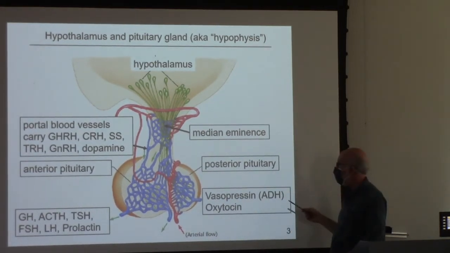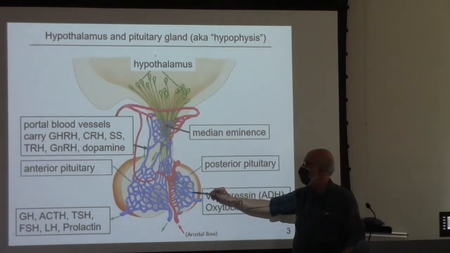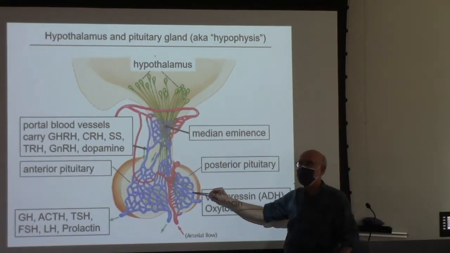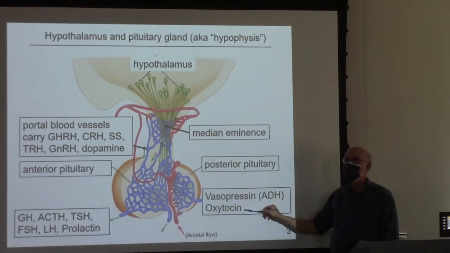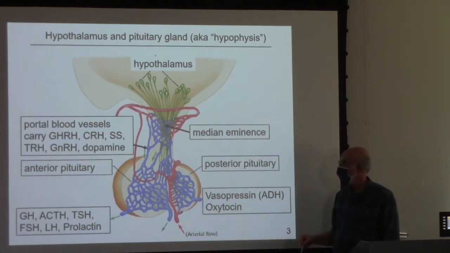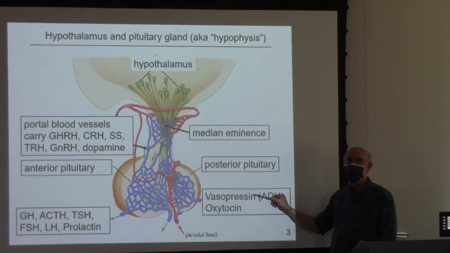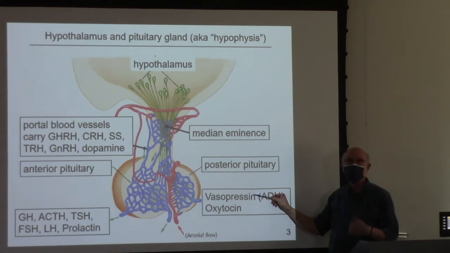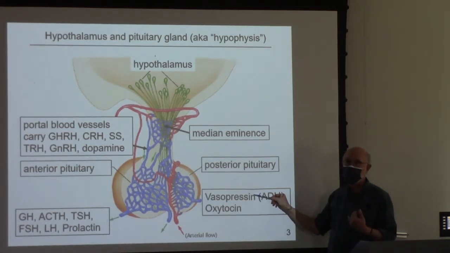And the hormones that I will want you to know that are released in the posterior pituitary are vasopressin and oxytocin. Just looking ahead, vasopressin is going to be essential for the kidney and its ability to retain water, fluid, when you're dehydrated, for example.